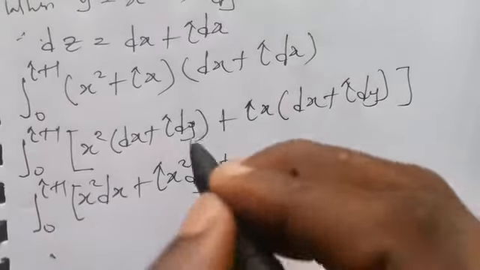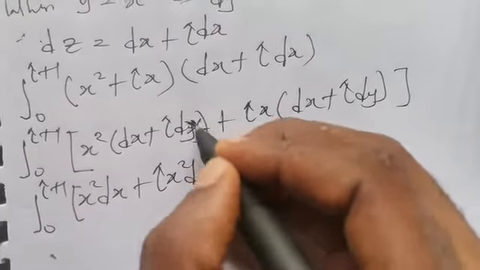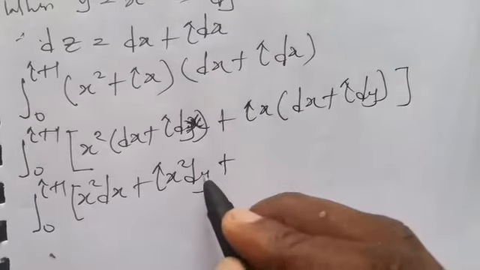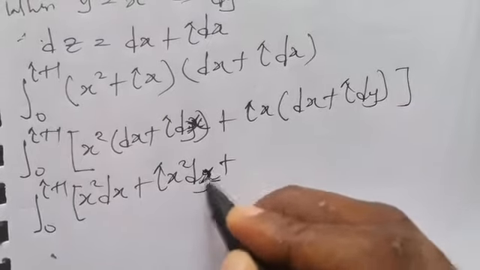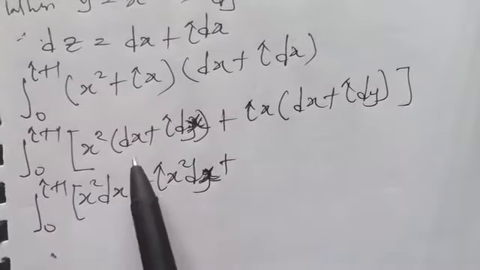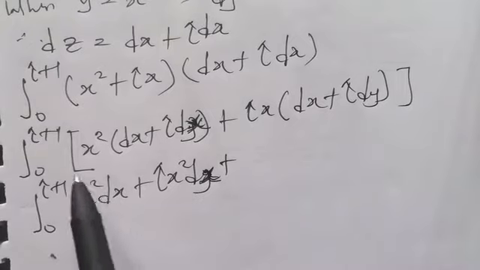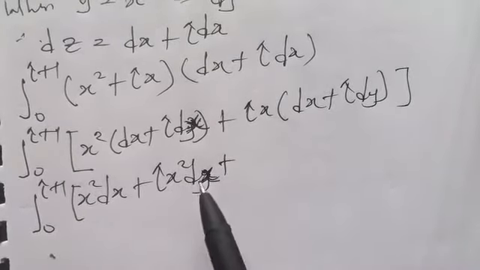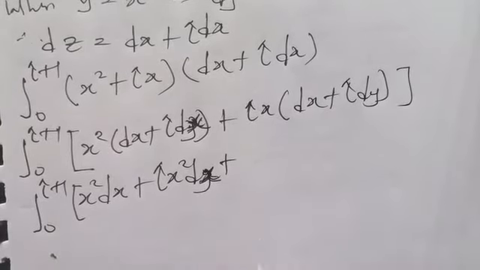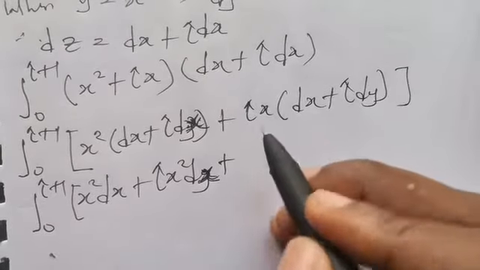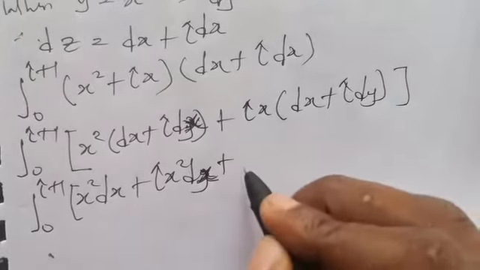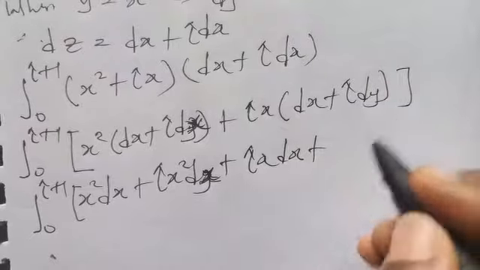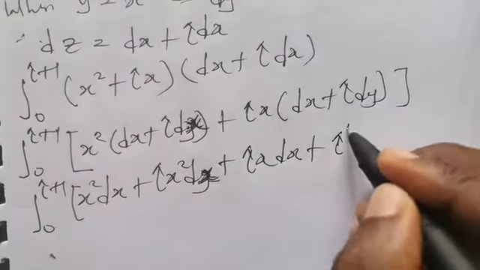Oh, all right, guys, so this is dx actually. So I have x squared, this is dx. So x squared times dx gives us x squared dx, and then x squared multiplies i dx gives us i x squared dx. Okay, plus now ix multiplies dx, this gives us ix dx, plus i times i here gives us i squared.